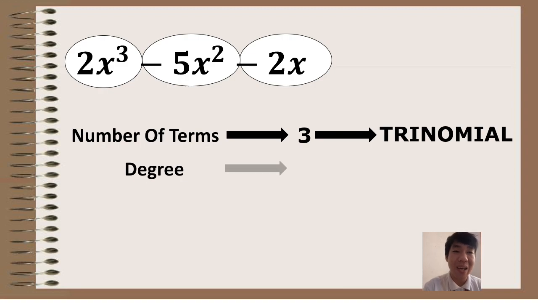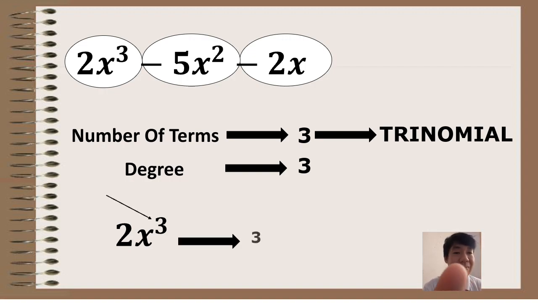And the degree is 3. We can see in the algebraic expression that the highest exponent in the polynomial is 3, because the first term, 2x cubed, has the highest exponent, which is 3. And we call it cubic.